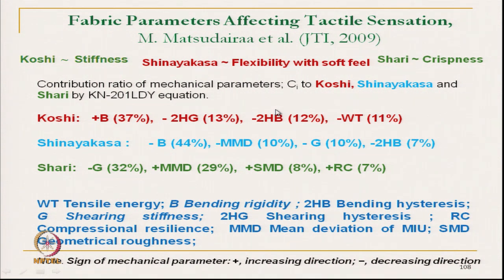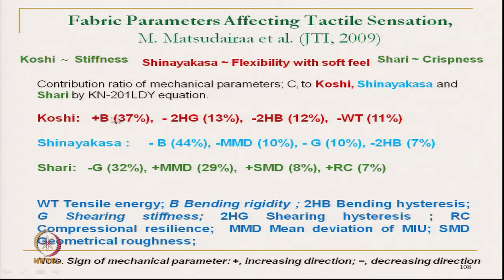2HB is the bending hysteresis. Bending rigidity acts in the positive way, but bending hysteresis is on the negative side, with 12% contribution, so higher bending hysteresis gives a lower Kochi value. WT is the tensile energy, and higher tensile energy also gives a lower Kochi value.